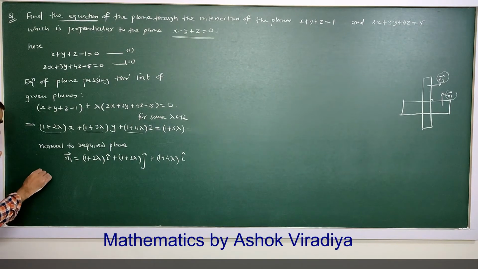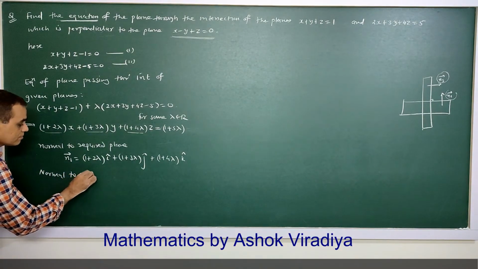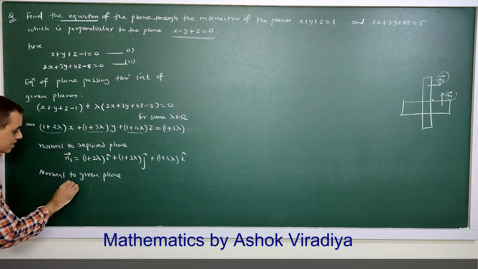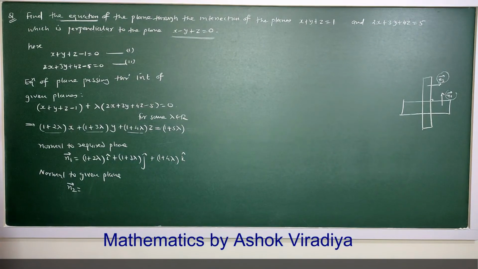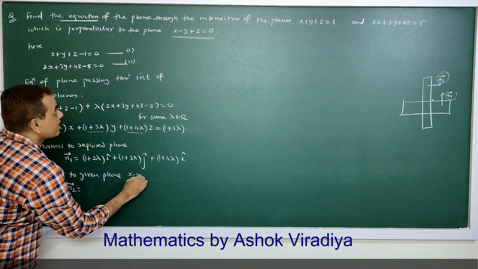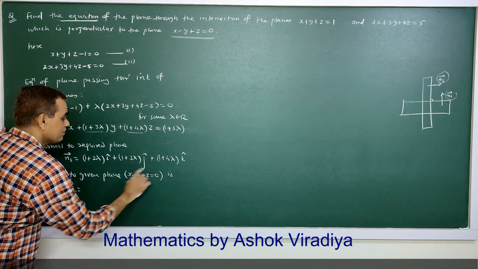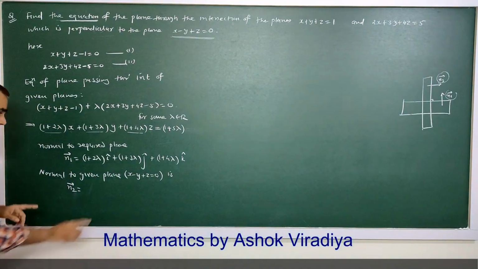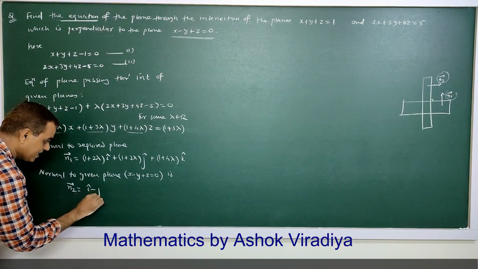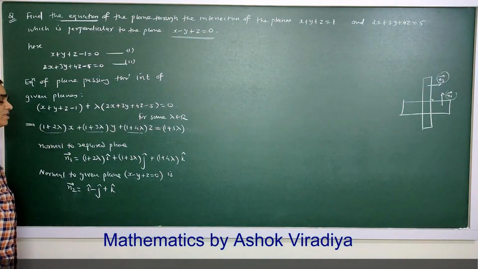And the normal to the given plane, that is vector n2. Now what is the given plane? The given plane is x minus y plus z equal to 0. Its normal is, see, 1, minus 1, 1. So 1i minus 1j plus 1k. This is the normal.